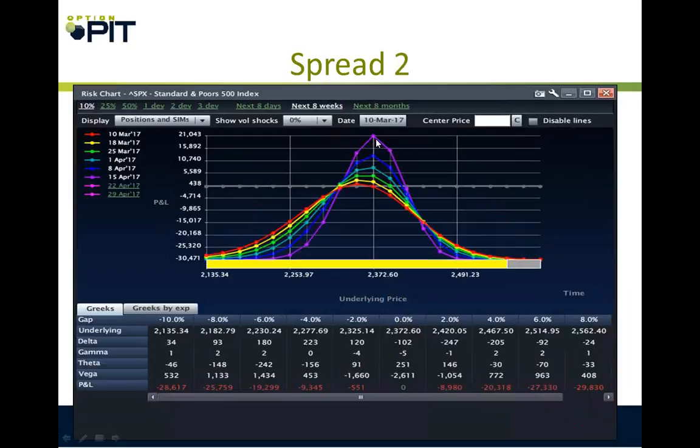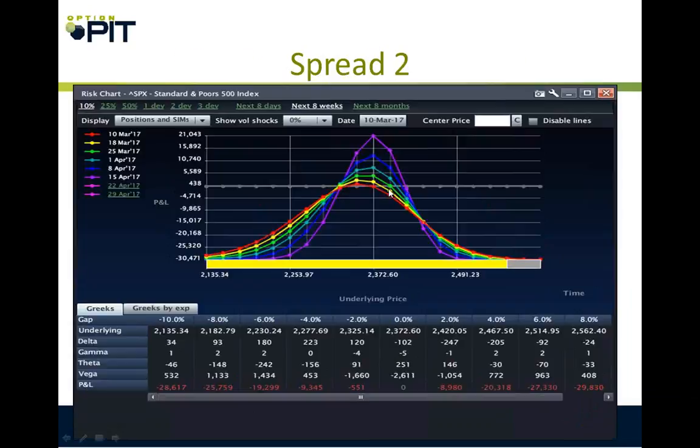Then you look at this spread. Well, what do you got here? As time passes, the spread makes money. If it stays in a certain range, the spread makes money. And if the underlying moves a lot, the spread loses a lot of money.